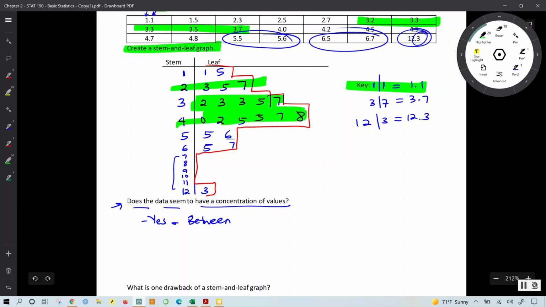Here's where you have the concentration of values. So between 2.3 and 4.8. 12.3 is a suspected outlier because it does not seem to fit with the rest of the data.